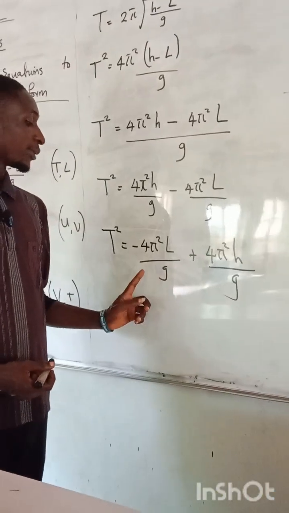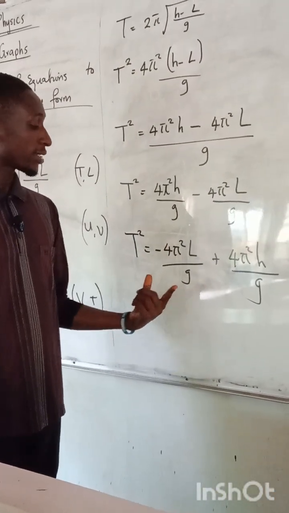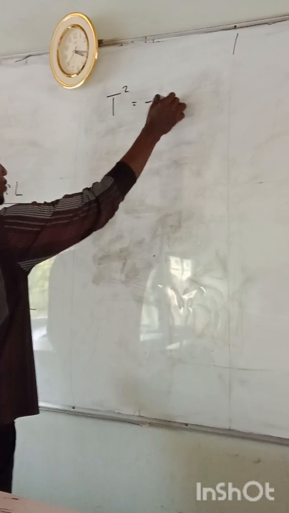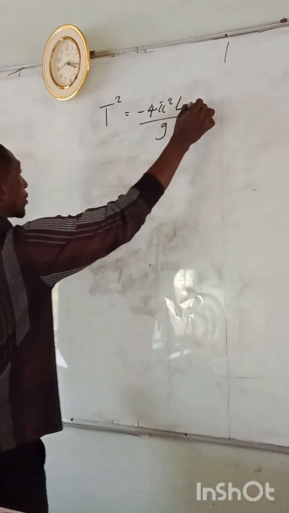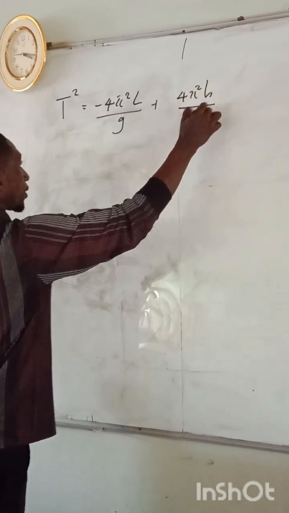The reason we are doing this is so that we have T squared is equal to minus 4 pi squared L over g plus 4 pi squared h over g.